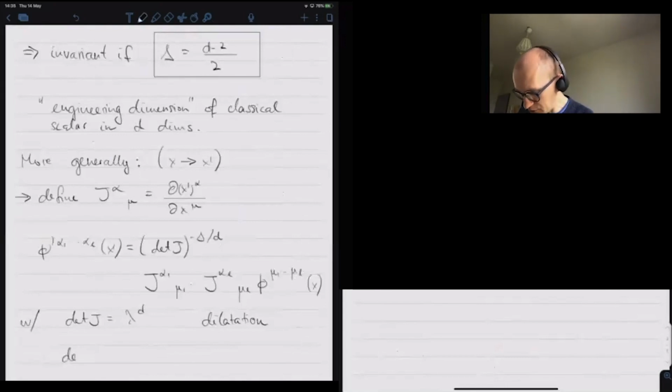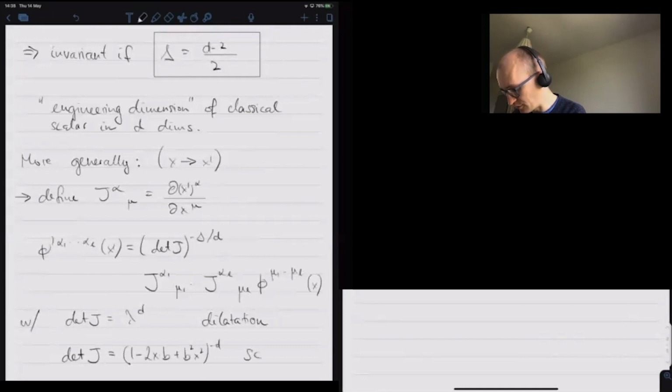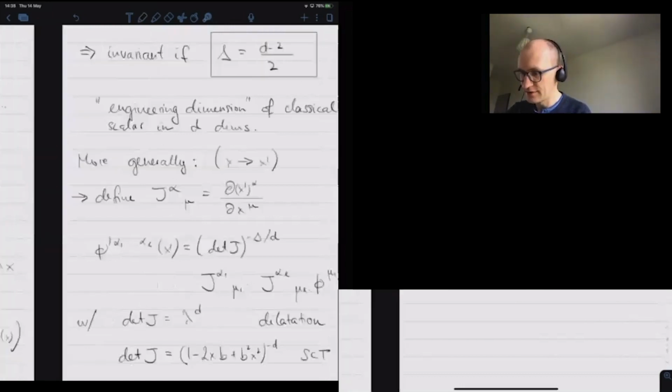And then the other thing which we haven't done, but which I'm just going to state here, is that on the special conformal transformation, that G takes a specific form, which is (1 - 2 x·b + b² x²)^(-d) for the special conformal transformation. And obviously the way to work this out is exactly the same as we did for the scaling transformation.